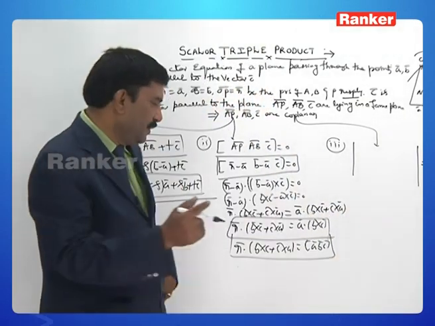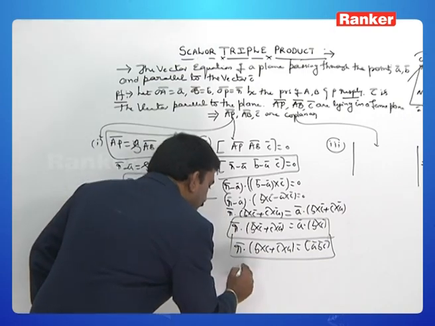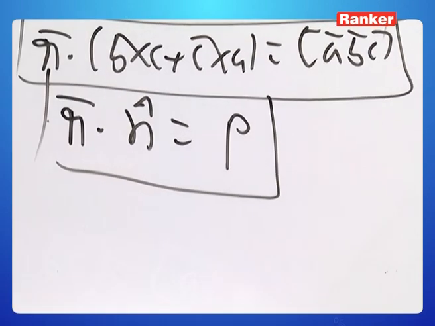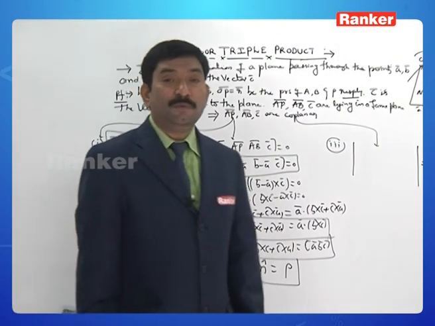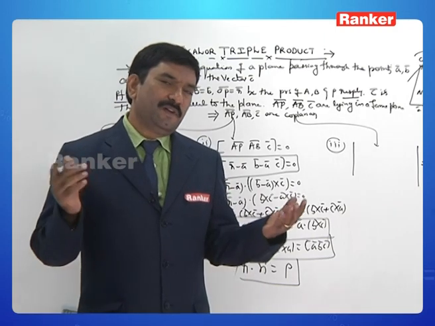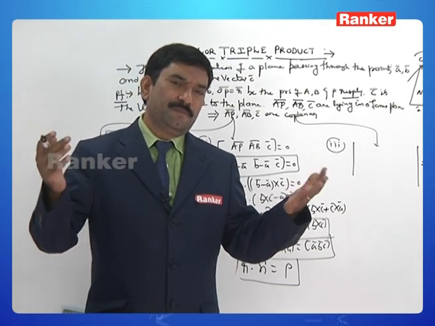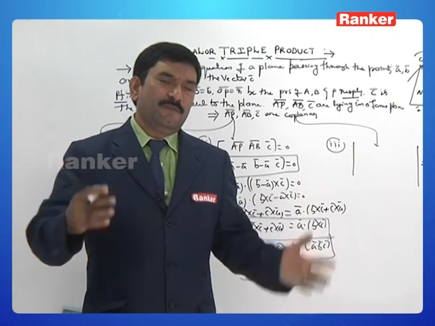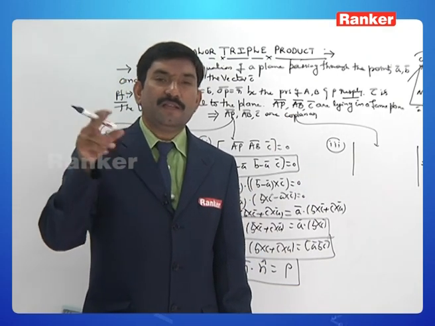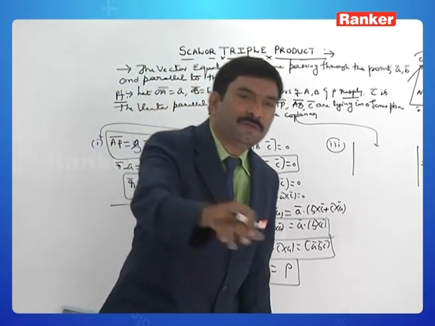So I want to write it in the form R bar dot n cap is equal to P. As we have already dealt with earlier, R bar dot n cap is equal to P represents the equation of a plane where P is the perpendicular distance from the origin to the plane and n cap is the unit vector perpendicular to it.